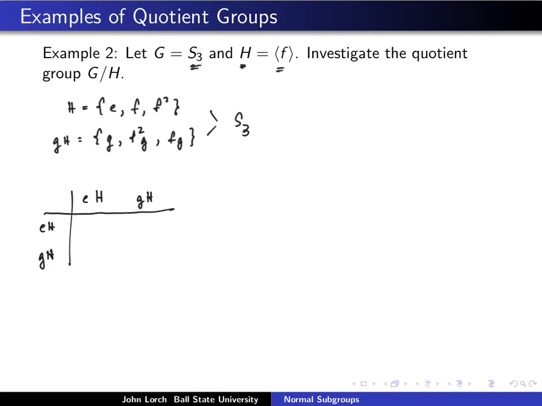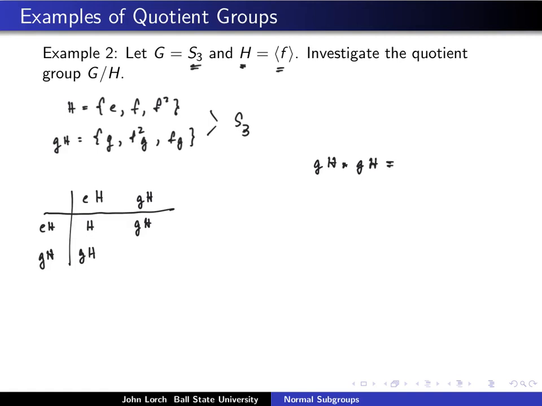And EH is the identity, so we just get H, GH, and GH there. And really the only thing to do is to compute GH starred with GH.